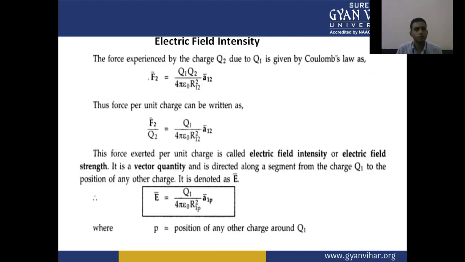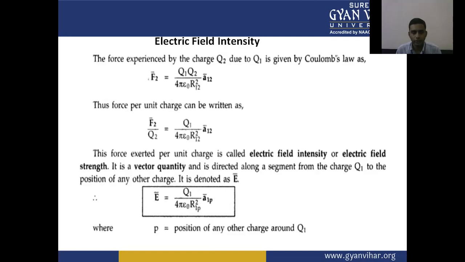Thus, force per unit charge can be written as F2 upon Q2, that is equal to Q1 upon 4 pi epsilon naught R12 squared. This force exerted per unit charge is called electric field intensity or electric field strength. So electric field intensity is defined as the force per unit charge.